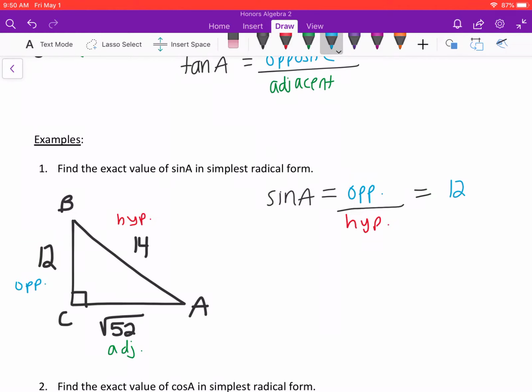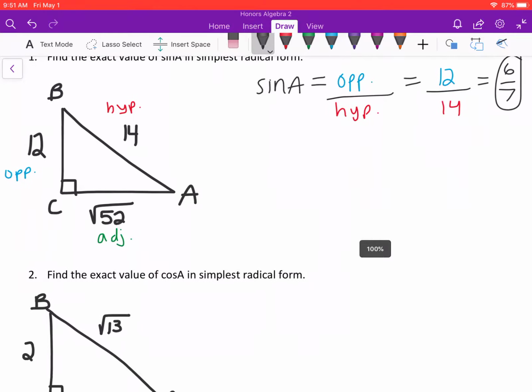So I'm doing 12, and I'm dividing by the length of the hypotenuse of this triangle, which is 14. And I just need to go ahead and simplify that now. Those are each divisible by 2. So that is going to give me 6 over 7. So the sine of angle A is 6 over 7. And that's our answer for this.